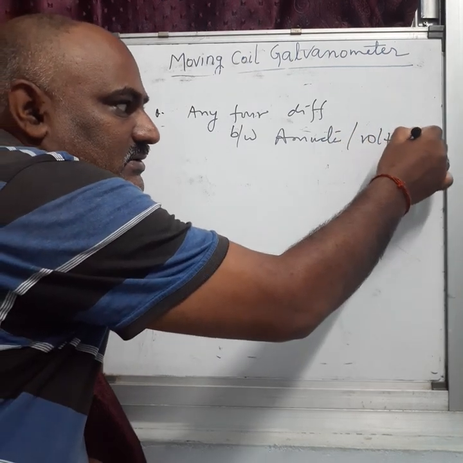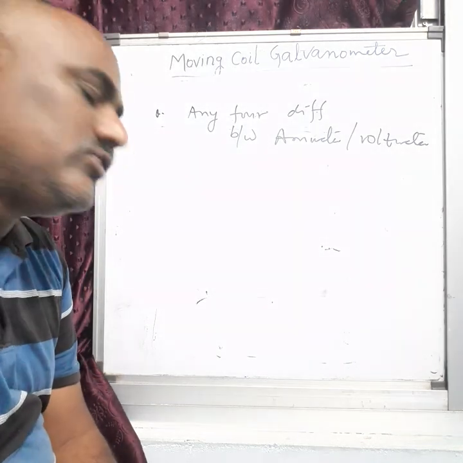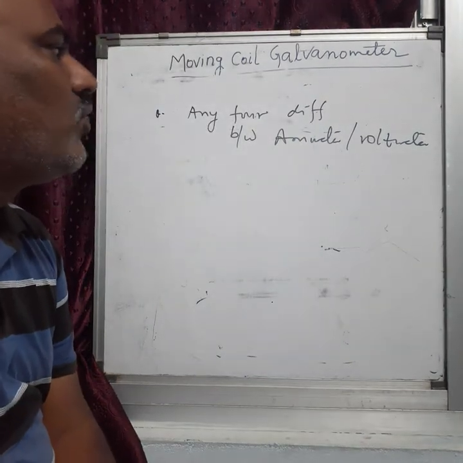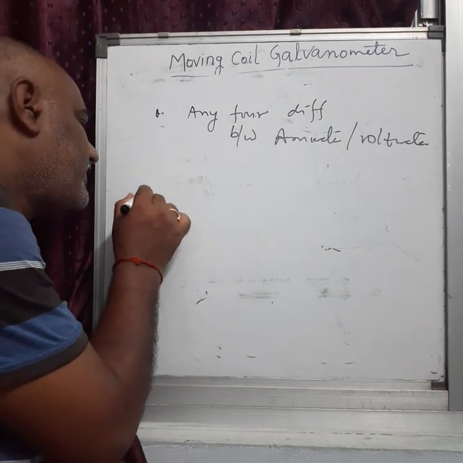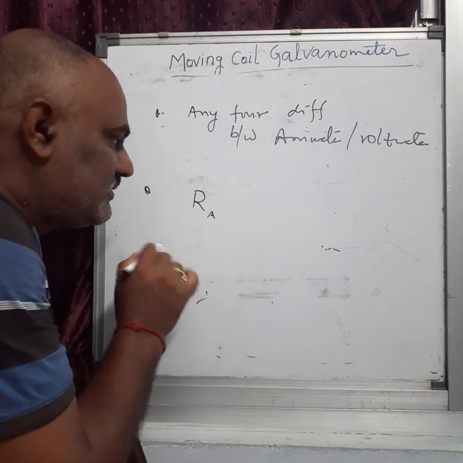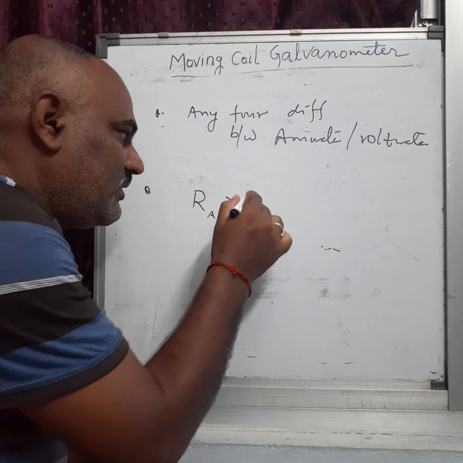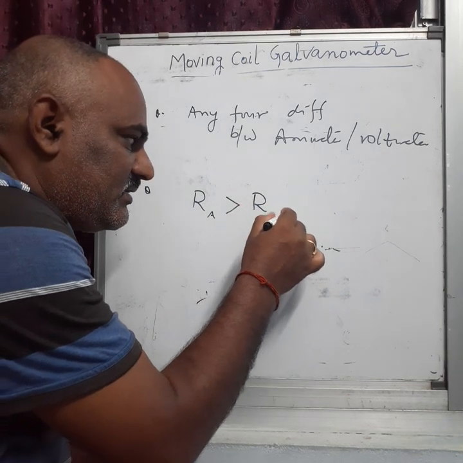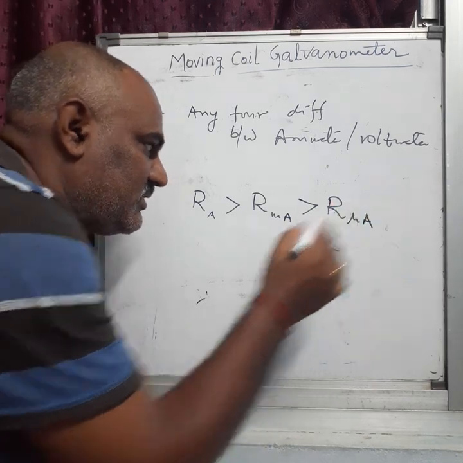First you will read in the book, then you summarize the differences. What are the differences between ammeter and voltmeter? Second one: the resistance of an ammeter will be more than the resistance of a milliammeter, and the resistance of a microammeter. True or false?